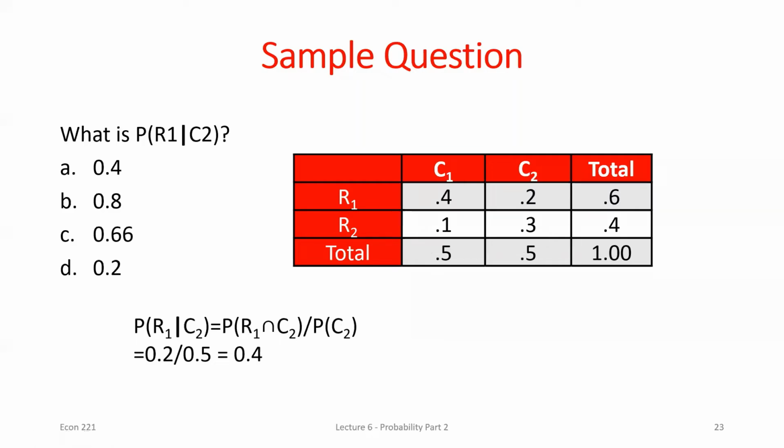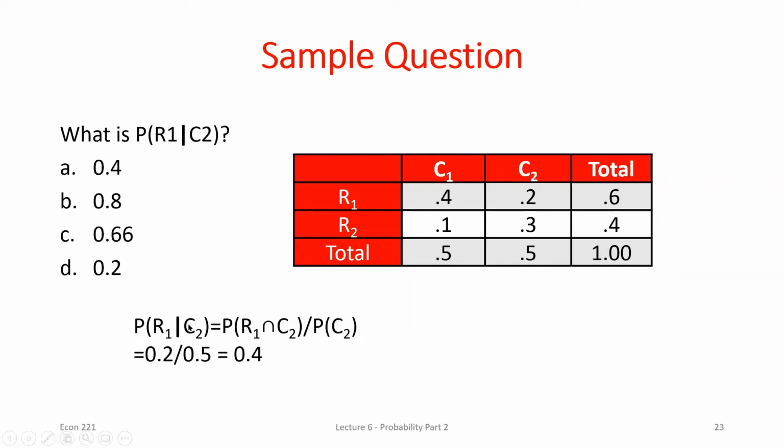Okay? So what we were thinking about there is, if I don't condition on anything and I just want to find the unconditional probability of R1, I just go over the total, right? If I imagine I have this huge experimental outcome space that has an area of 1, of that area, 0.6 of it are outcomes in R1, in that event.